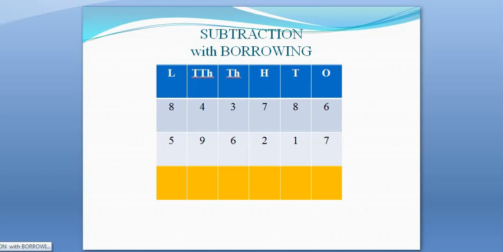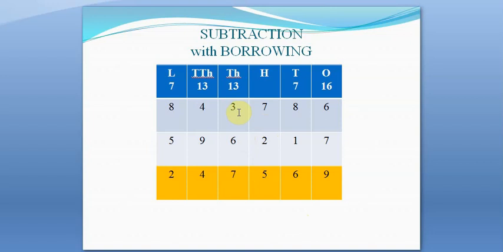6 minus 7 cannot be done, so we'll borrow 1 from 8. 8 becomes 7 and 6 becomes 16. So 16 minus 7 gives us 9. Now 7 minus 1 gives us 6. Again the next line, 7 minus 2 gives us 5. Now 3, the minuend, is again smaller than the subtrahend.